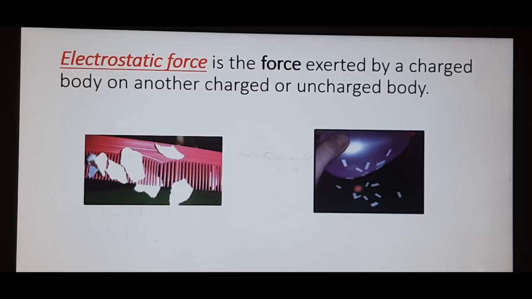You are not using your hands to fix these bits of paper on this surface. They are just getting attracted by themselves. That is why it is known as a non-contact force. If you want, you can try this activity also, and it will be very interesting, because it is always interesting if you learn things by doing yourself.